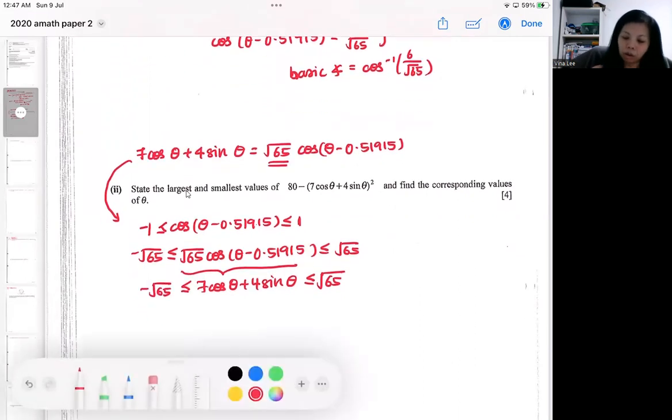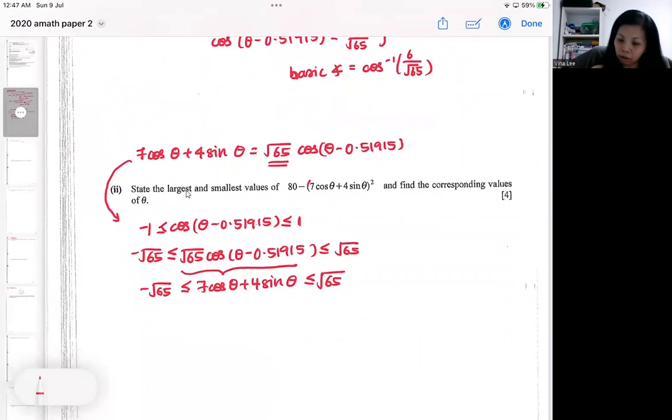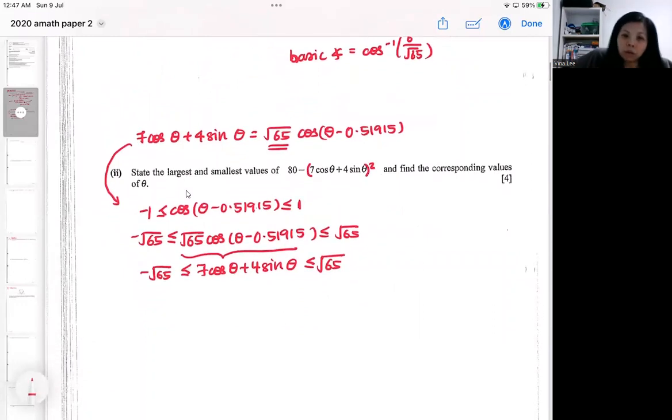But right now, we have a more tricky situation. We have a square situation. So what happened to the range when we square it? A lot of people will think that if I square it, I will square something like this, so both sides you will get 65. But it's actually not true.